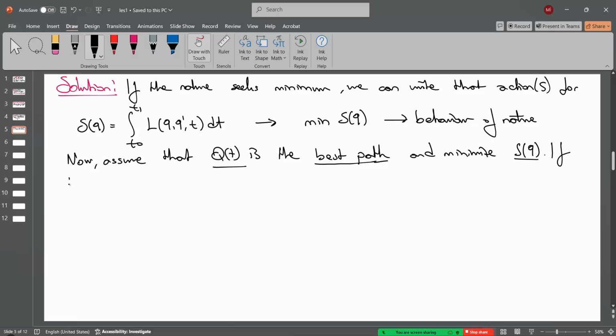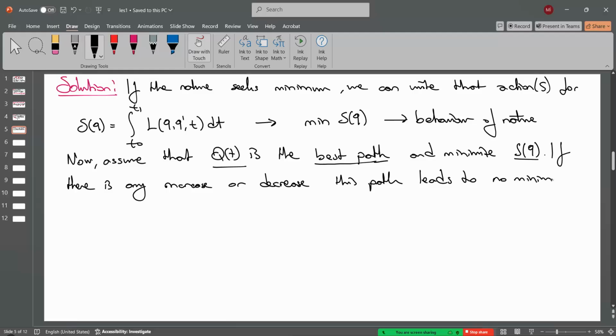If there is any increase or decrease, this path leads to no minimum point, or an inefficient solution for our case, right?